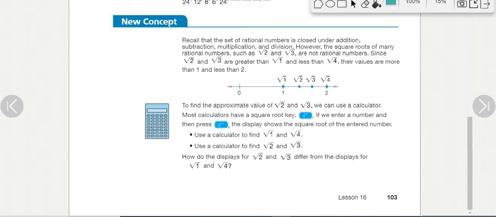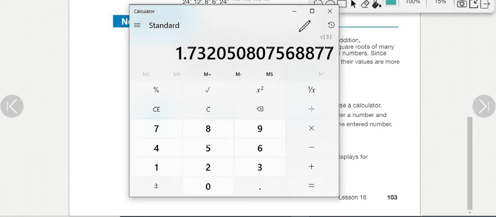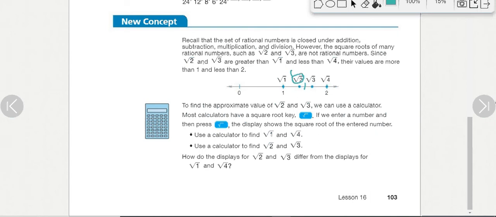If this is about halfway, then square root of 2 belongs right here, right? 1.4, not 1.5. If I type in square root of 3, it's still not going to be 2. It's 1.7, but it's getting closer. It's over half now.